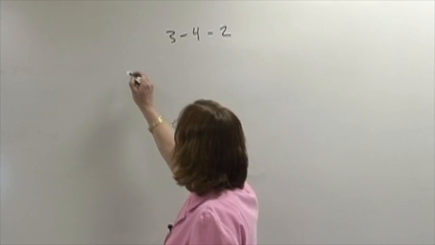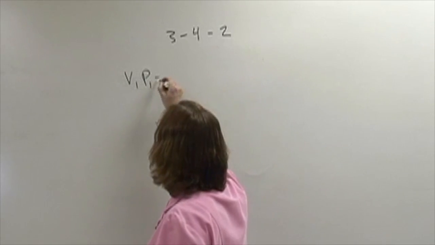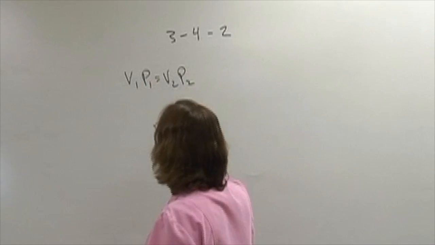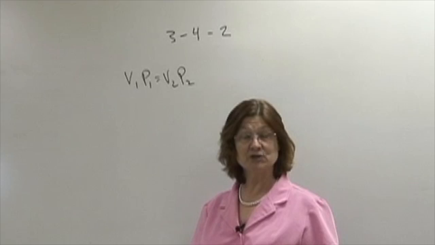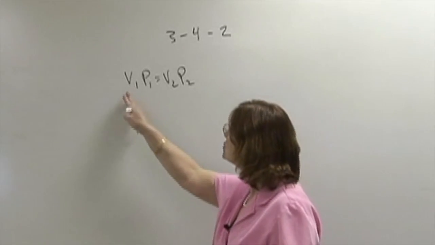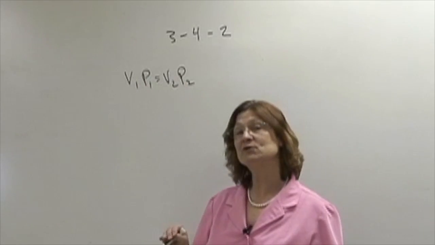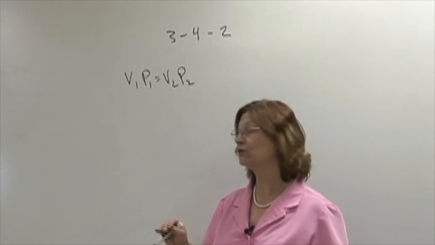Now, Boyle's Law is V1 times P1 equals V2 times P2. V is for volume and P is for pressure. Now, we need to know the mathematical relationship between volume and pressure.